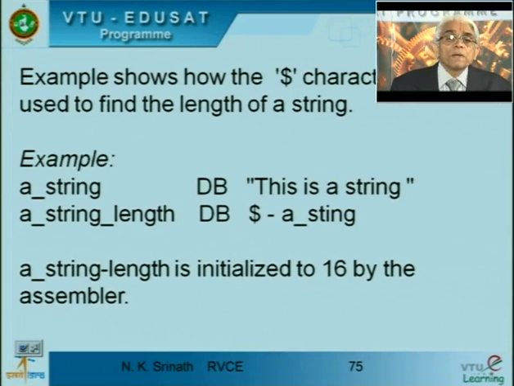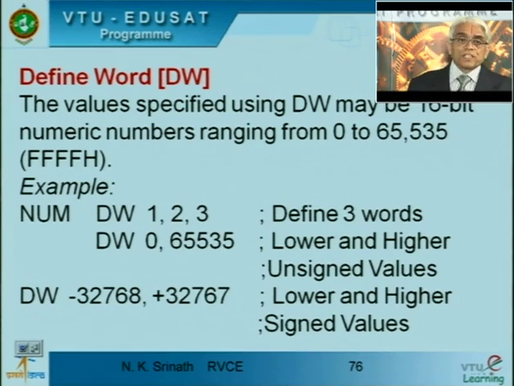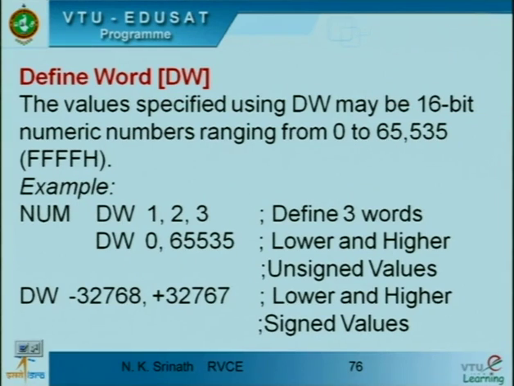The end of the string minus the starting location will tell you the length of the string. So A length of the string is initialized by 16 by the program itself. So we have just looked into how strings, integers and different radix numbers can be stored in memory for performing the required operation.